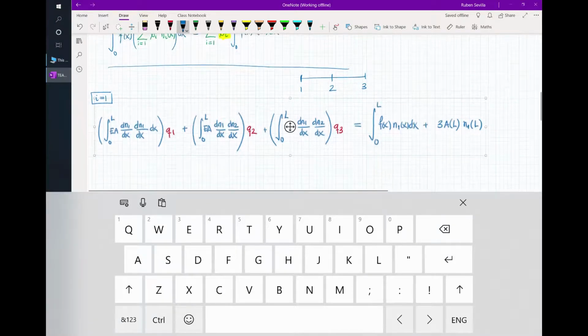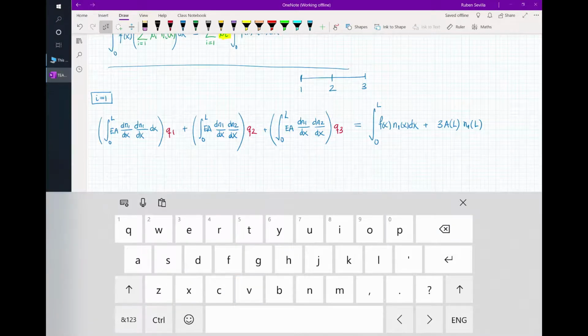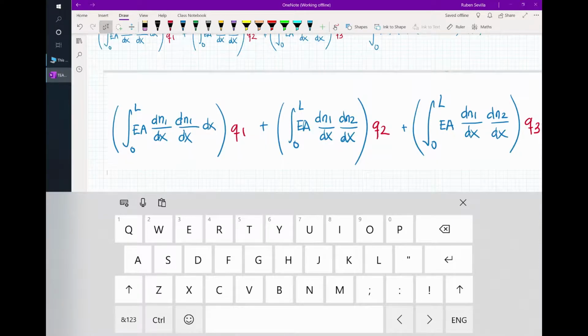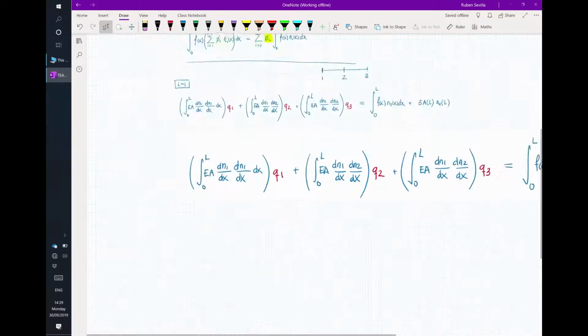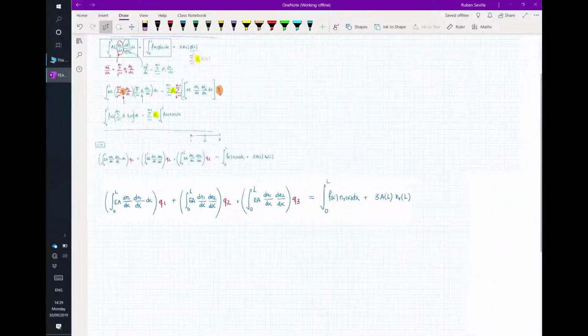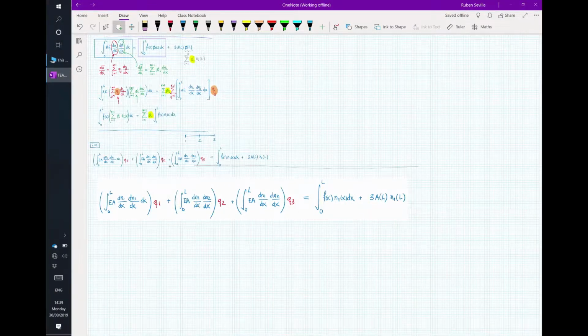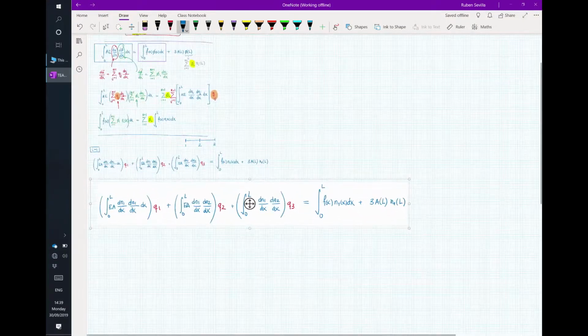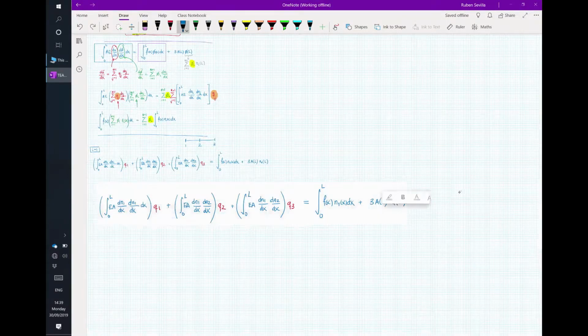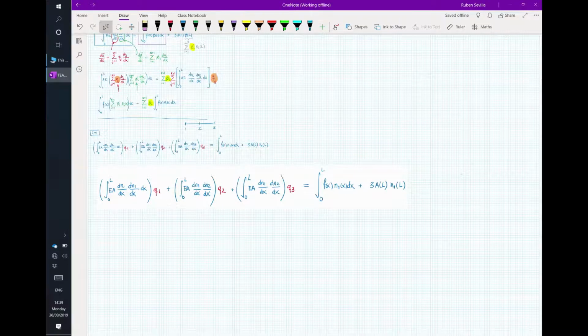Okay, let's see if it's working, sort of. It's not as easy as I thought it would be.